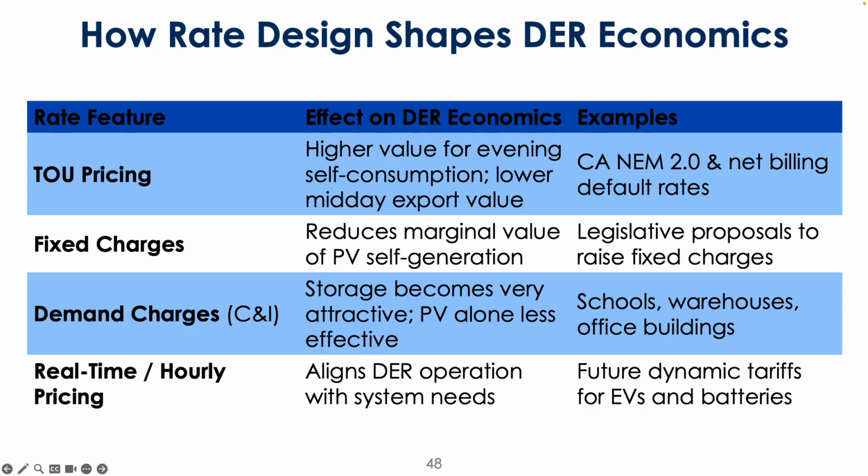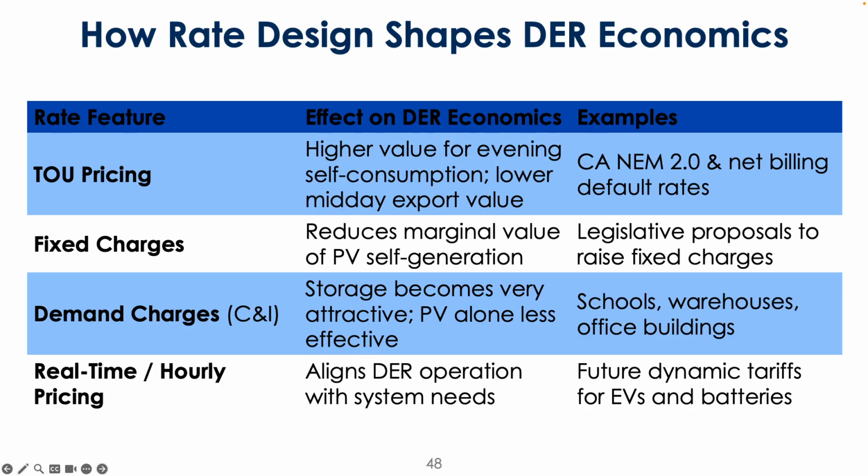This can reduce the marginal value of self-generation, but can help with mitigating the cost shift effect of our NEM programs. Demand charges in certain situations, so we're thinking about large load entities, that can help incentivize things like storage. And then real-time hourly pricing helps to align potential operation of DERs in the future with the needs of the system at the wholesale level.